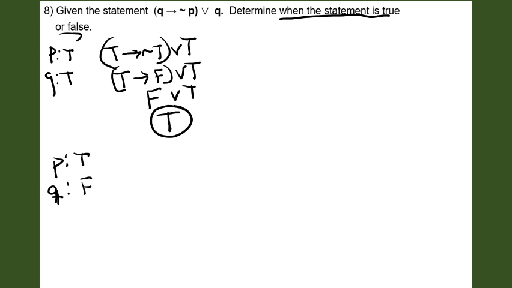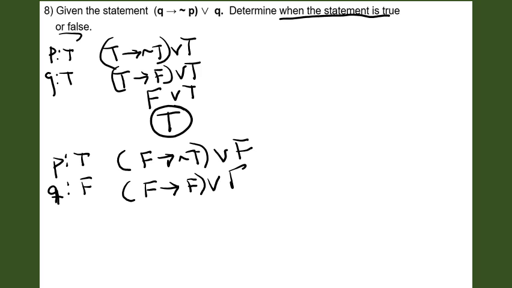P is true, Q is false. Under this scenario, you can stop the video if I'm working too fast for you. I try to keep my video length within reason. So I'll replace Q with F, P with true, working it out. This statement's true under this scenario.